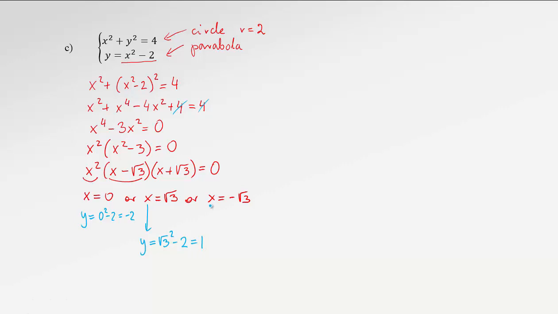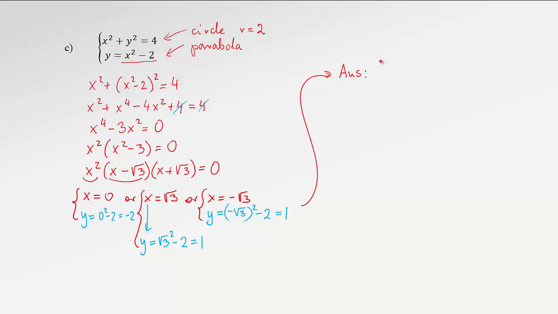And finally, x equals negative root 3 will produce y equals negative root 3 squared minus 2. Again we end up with the same result, because a negative squared is positive, so we have 3 minus 2, which is 1. Okay, we have 3 points, 3 ordered pairs of numbers, and we can list them to create the answer.